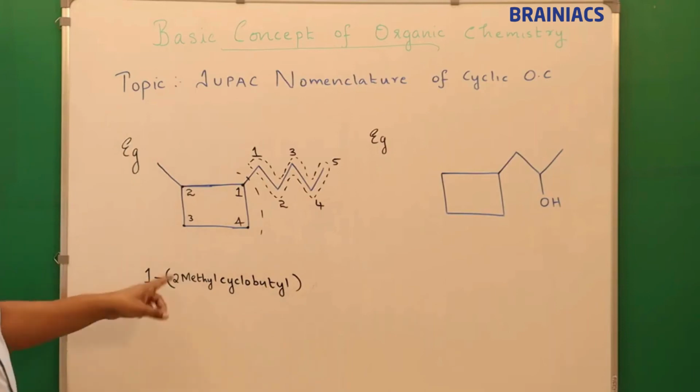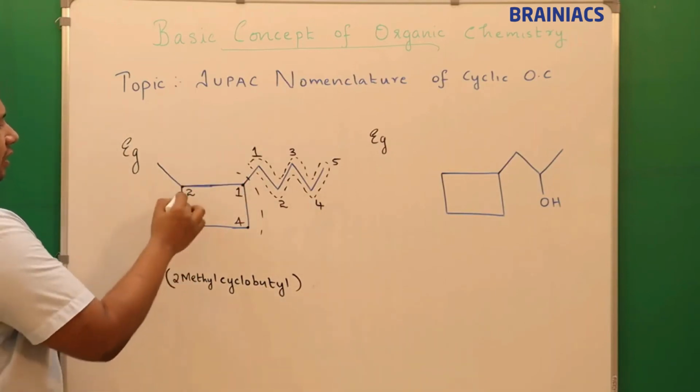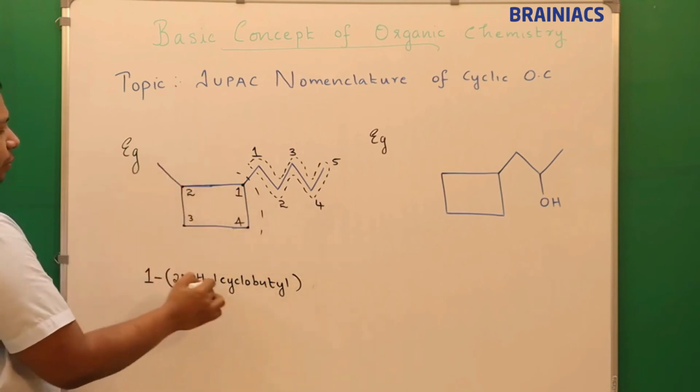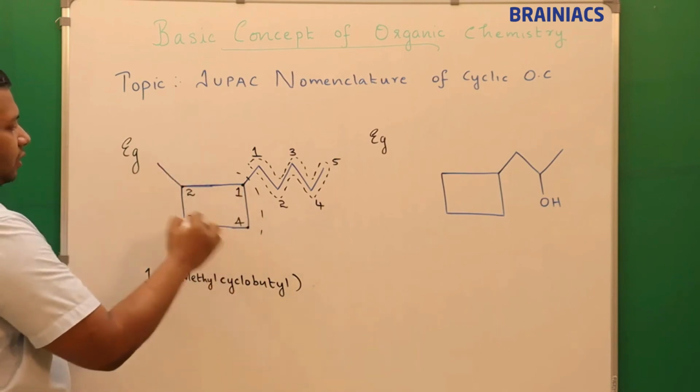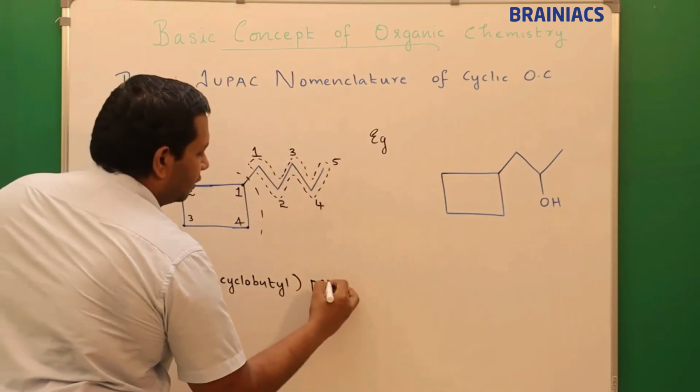So 1 hyphen, please understand, 1 connected to here, so that's why 1 hyphen. Then inside this at the 2nd position we have methyl, so 2-methyl. The whole thing is cyclobutyl. Then we have the parent chain, that is pentane.